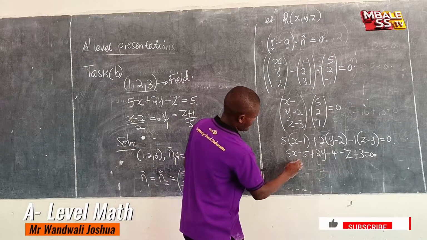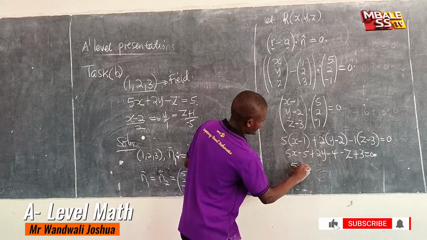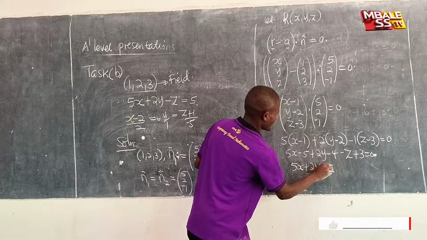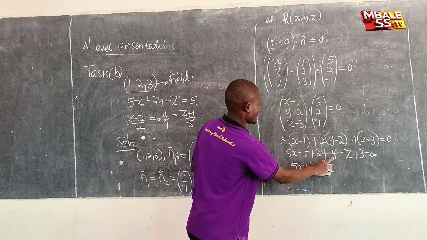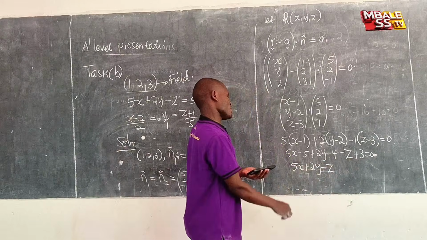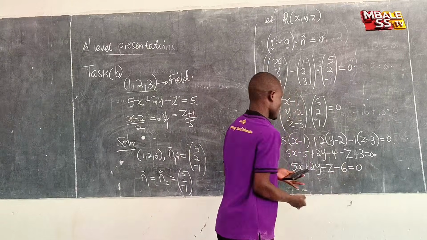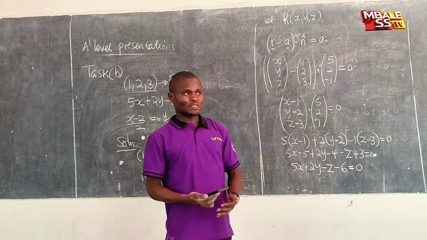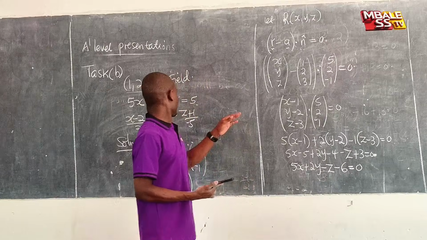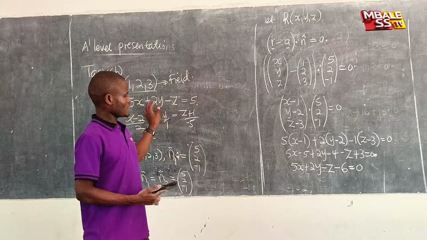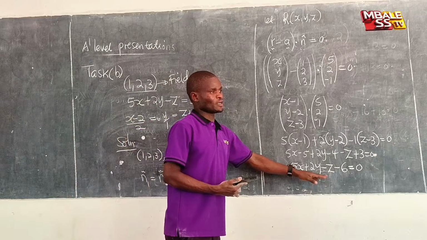So here we are going to have 5x plus 2y minus z, negative 5, negative 4 plus 3. We are going to generate negative 6, giving us a 0. So this is the equation representing the field, because we had the plane, we had the roof whose equation was this, and this one will be representing the roof.